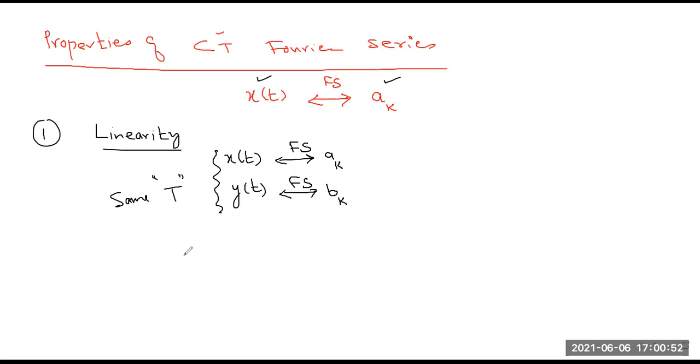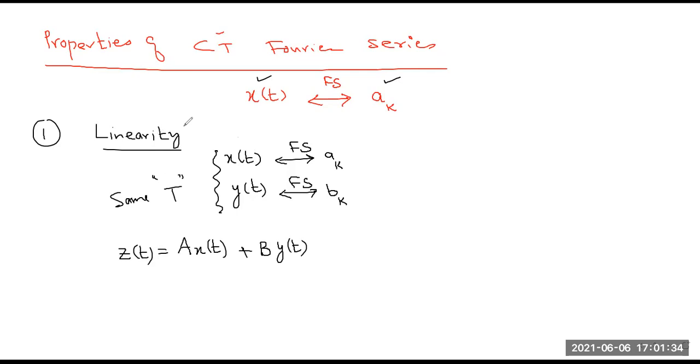So let's assume that we multiply x of t with some constant a, then we add it to y of t, and y of t is also multiplied with some constant, let's call it b. So this is going to be another signal, and let me call it z of t. So z of t is a linear combination of two signals, x of t and y of t, such that they have the same period, capital T.